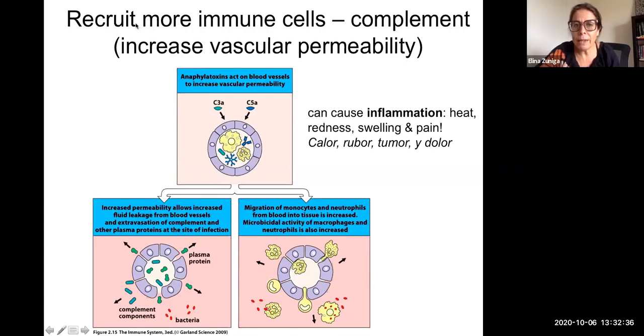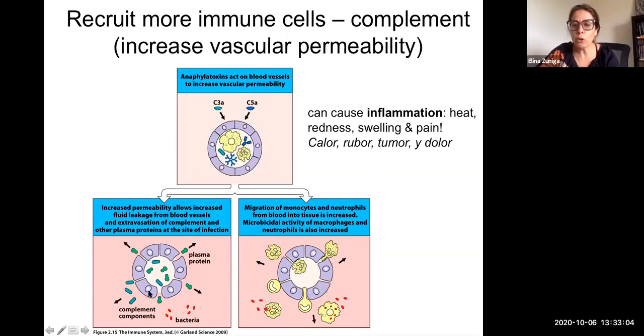So not only that, but in addition, these factors are chemotactic. So they will attract migration of monocytes and neutrophils from the blood into the tissue. And these, as we mentioned, will uptake pathogens via phagocytosis, and they will destroy the pathogens.